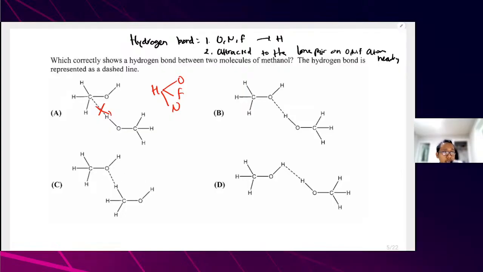In this case, the CH is not involved in a hydrogen bond, so it is wrong. And for option D, H and H is not correct. So the last option is the only one.